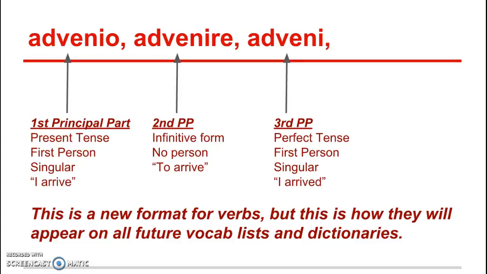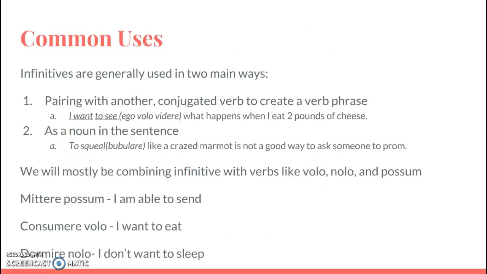Learning the infinitive is a key part in that. The first principal part will always be the present tense, first person singular. The second principal part will always be the infinitive form, and the third principal part will always be the perfect tense. You need all three of these because they can change for any random reason, and just having them told to you is better than trying to just dig and figure them out.